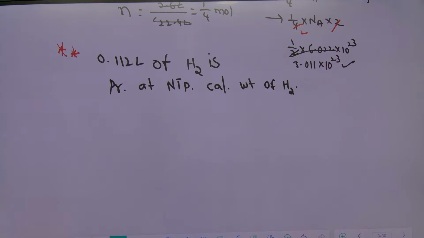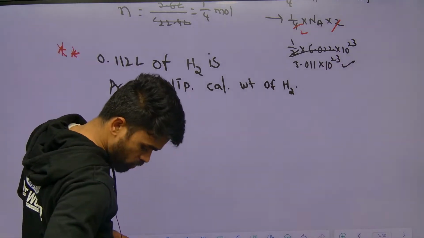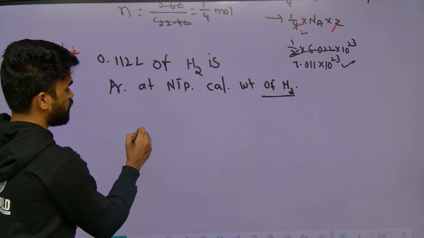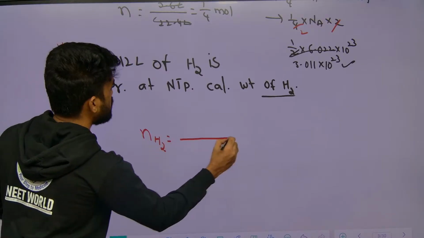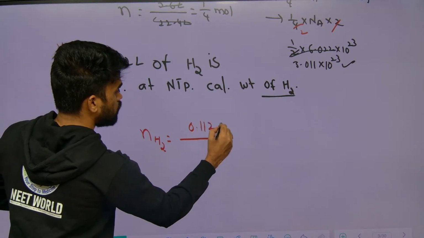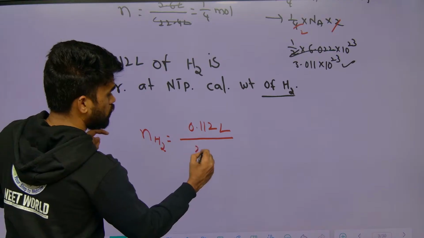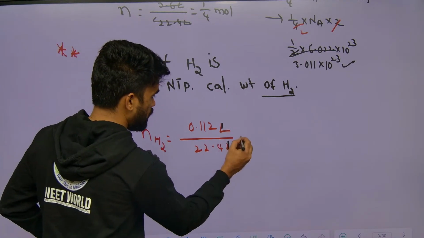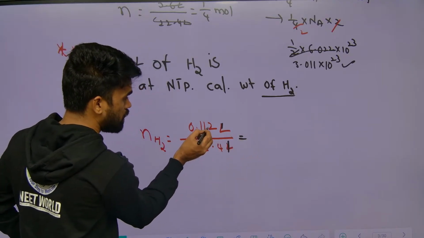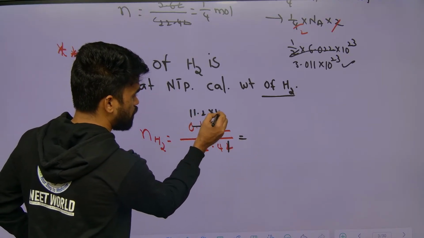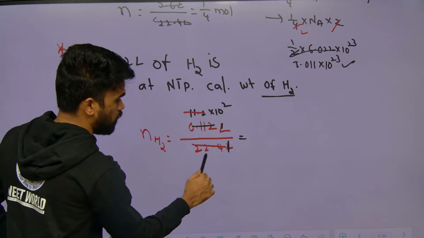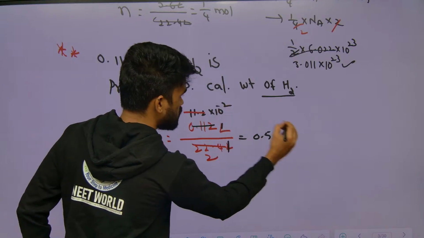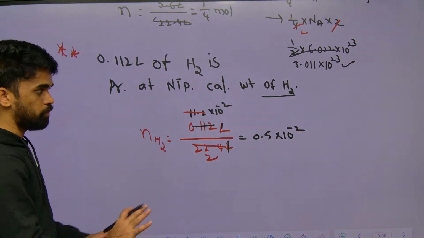Okay. So calculate weight of H2. First find number of moles of H2, that is given volume by 22.4 liters at NTP condition only. So this will be something like 11.2 if I write. So I can write 11.2 into 10 power minus 2. So 11.2 is half of 22.4. So 1 by 2 means 0.5 into 10 power minus 2. Up to here it is clear.